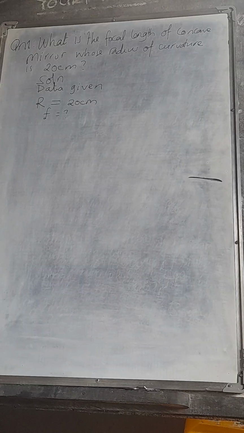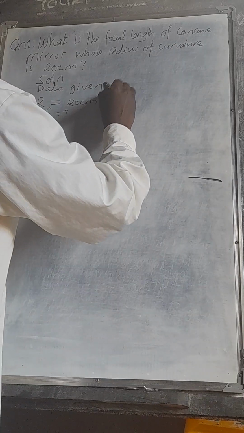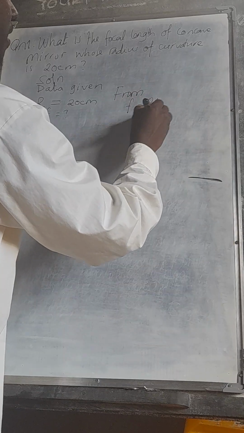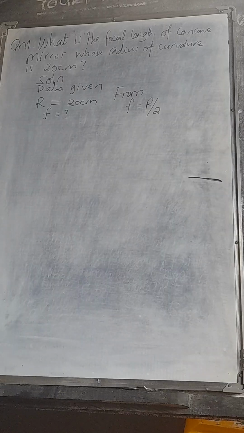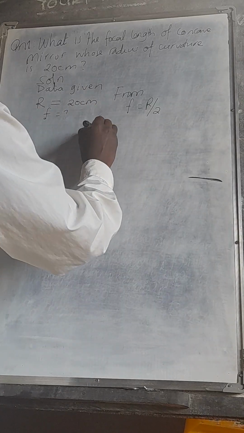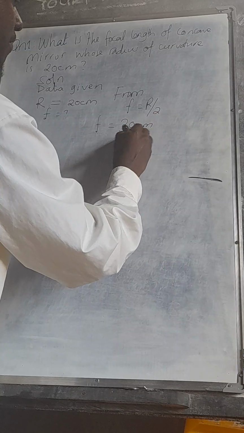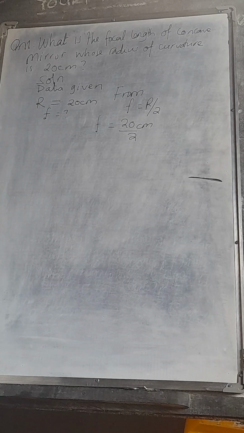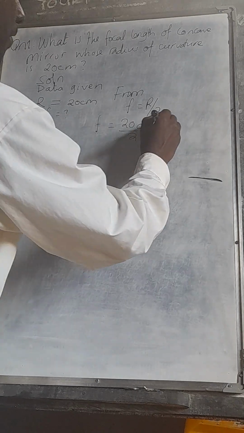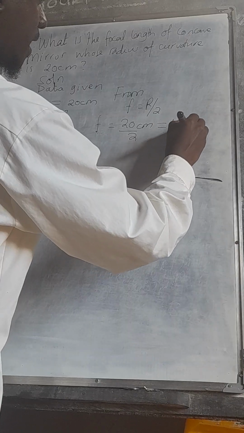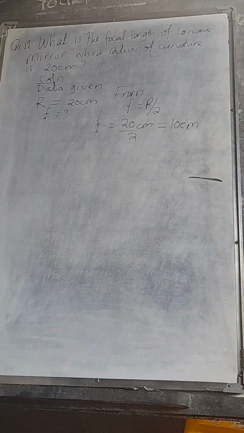We recall the formula: focal length is equal to radius of curvature divided by 2. So f equals 20 centimeter divided by 2. Finally, the focal length is 10 centimeter.